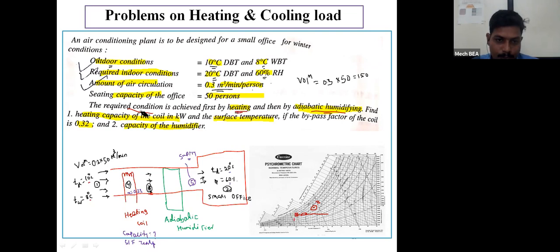But here the required condition is achieved by heating and then adiabatic humidification, so after point number 3 I get point number 2 directly. So point number 5 will not be there, and I do not know the point number 3 condition.